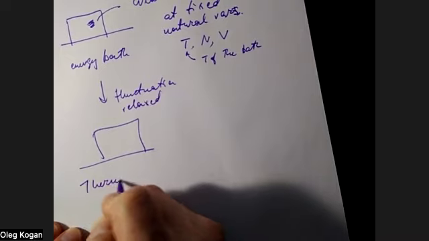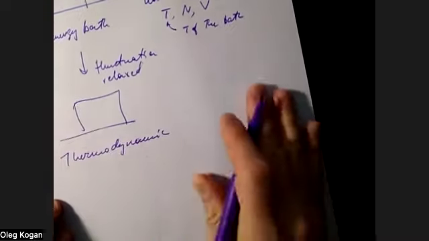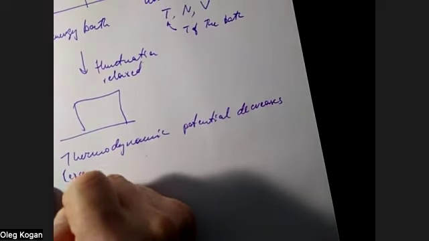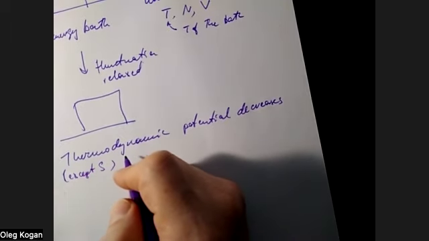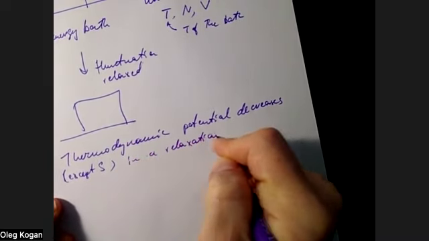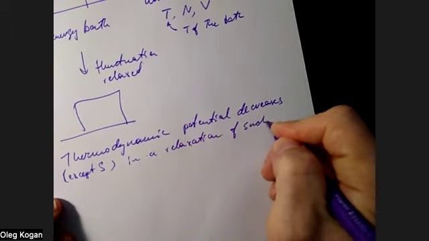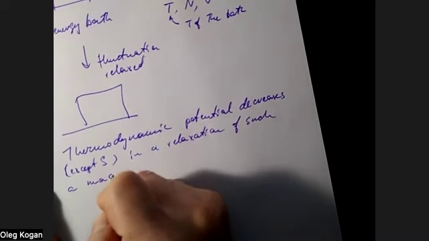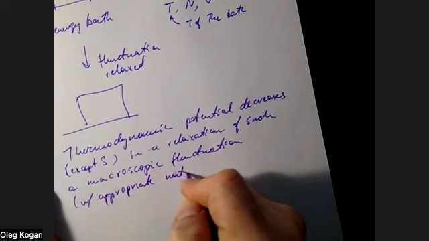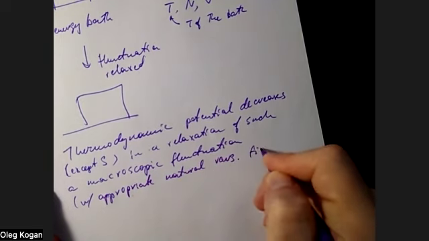Okay, so the thermodynamic potential decreases, except S. So if you have a closed system, then entropy increases in a relaxation of such a macroscopic fluctuation with appropriate natural variables fixed.